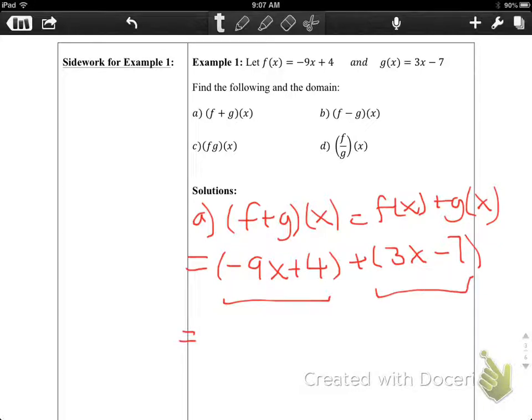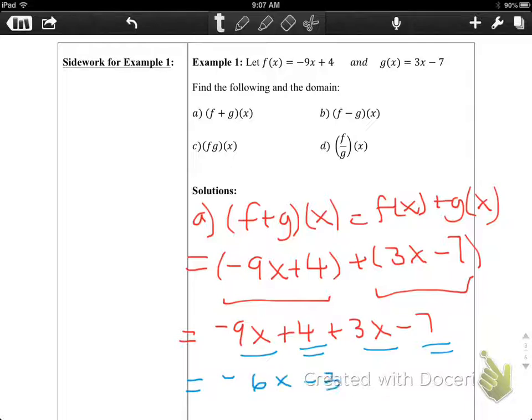Now this becomes negative 9x plus 4 plus 3x minus 7, because we can take it out of the parentheses. You can see we have some like terms: the two x terms, and then our constants. So our final answer will be negative 6x minus 3. In terms of our domain, remember we've already talked about this: this is a polynomial function, so the domain of any polynomial function will be all reals.